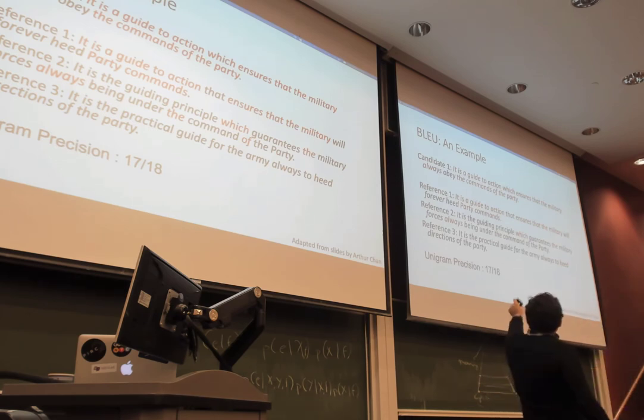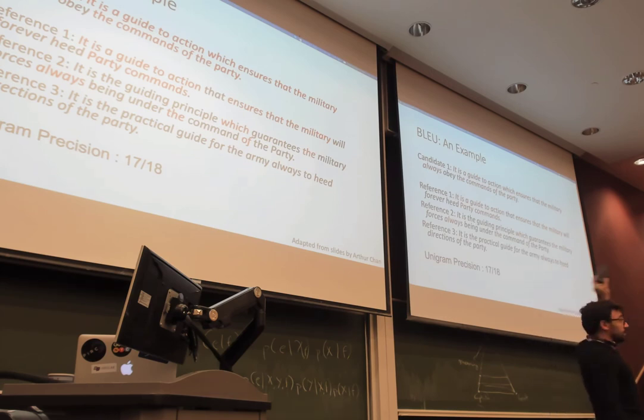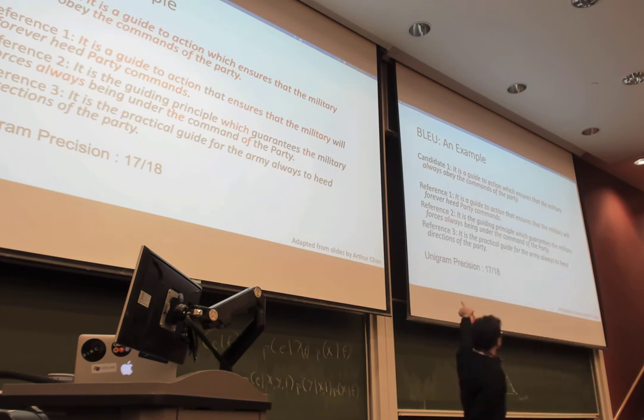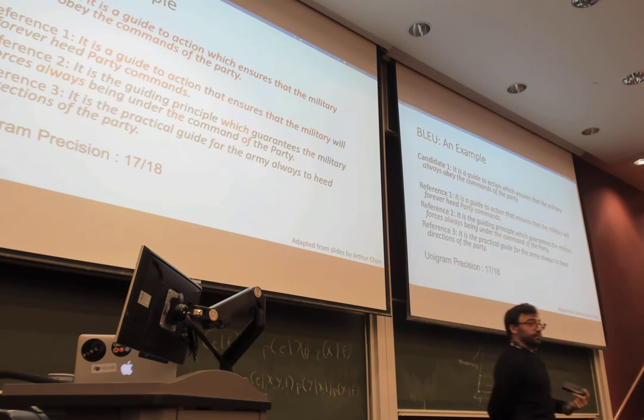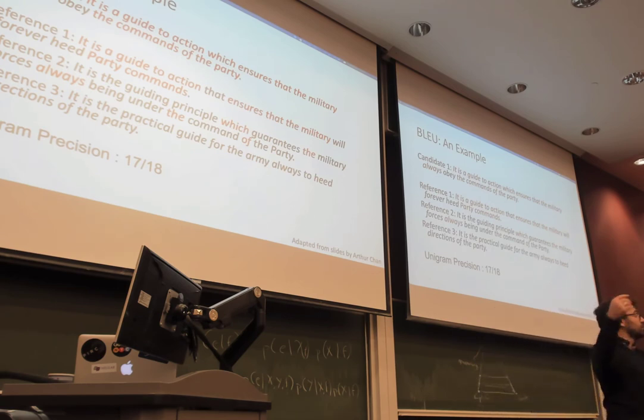So we find the unigrams that our system produced, and we see if they appear in the references. 17 out of the 18 unigrams, words that our system produced, appear in the references, so our unigram precision is 17 out of 18. You can do the same thing for bigrams, trigrams, 4-grams, and even more if you wanted to.